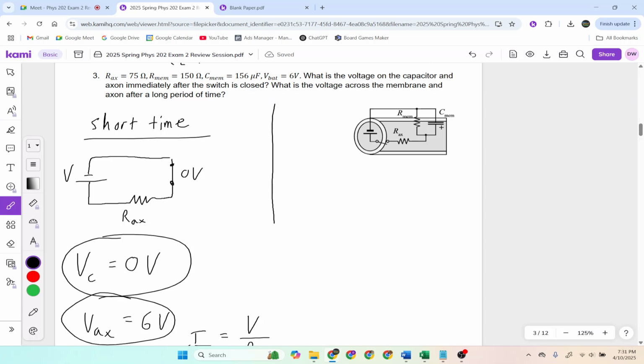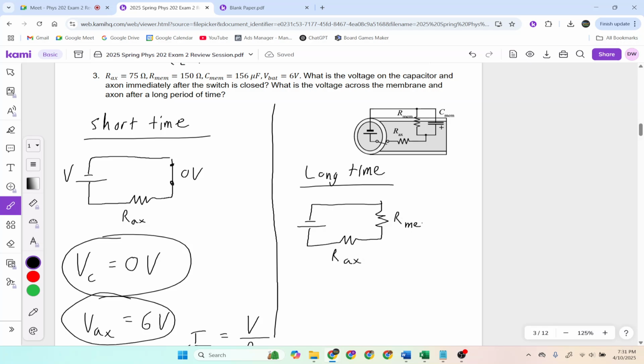Next we have long time. So again, for long time, I'm just going to use the same shortcut I talked about earlier. It's basically the circuit with just these 2 resistors, our axon and our membrane. The capacitor's not there, but remember, voltage on the capacitor equals the voltage on the membrane. It's not 0.